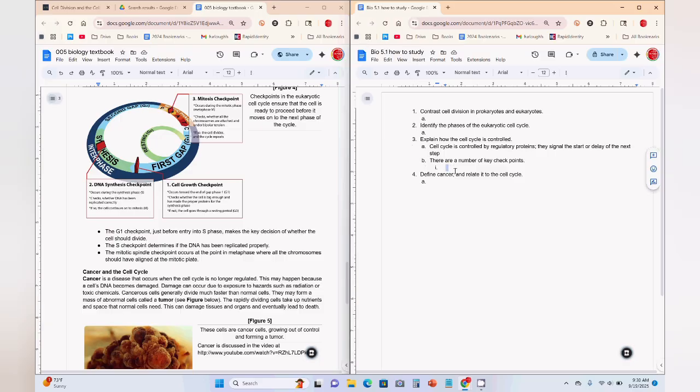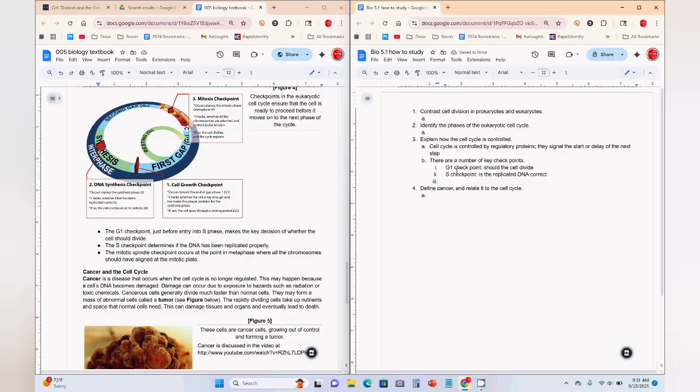Okay, so there's the G1 checkpoint, and it makes the decision of whether the cell should divide. Should the cell divide? All right, and then we go to Roman numeral 2, and we're going to have the S checkpoint, and it determines if the DNA has been replicated. Is the replicated DNA correct? Notice how I'm putting it kind of in my own words.